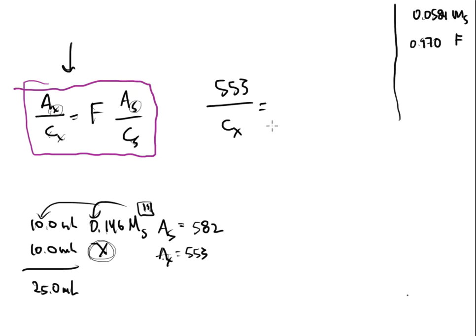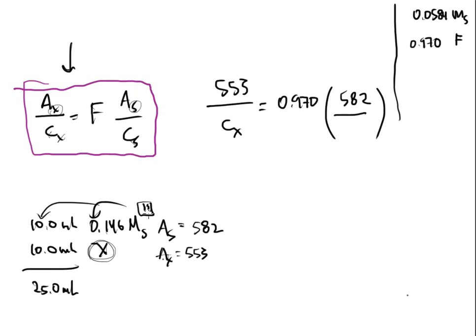The F is the F factor. That was that ratio that we just solved for based on the data from our standards that I made. Okay, that F was described a few minutes ago to be 0.970, and then we're going to multiply that by another fraction. The A is the signal of the internal standard, so 582, it came from the problem, and C sub S, that's the concentration of the internal standard.